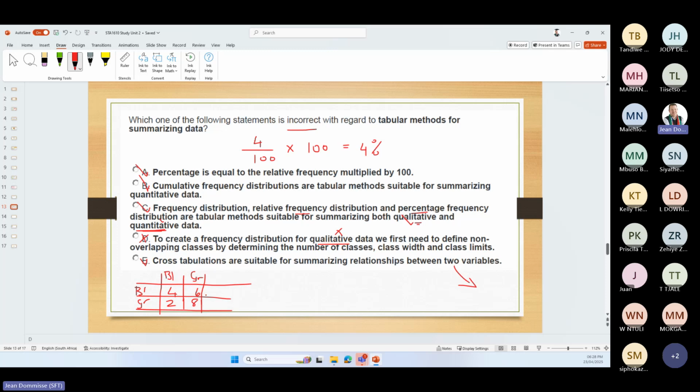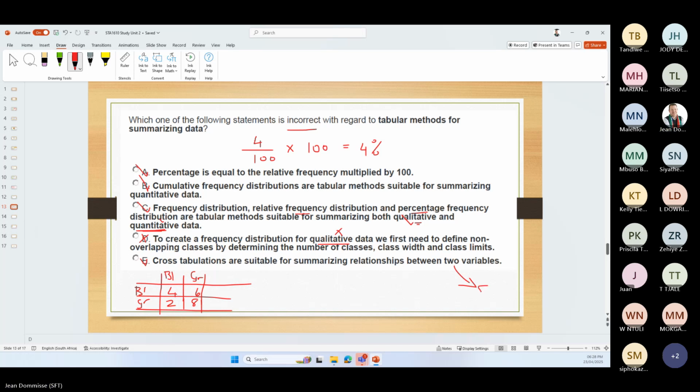The cross tabulation links very nicely to probabilities, which we will do in study unit 4, because that is where we might now ask how many people have a blue car and have blue eyes. But that is for later on. We're not going to do that at the moment.